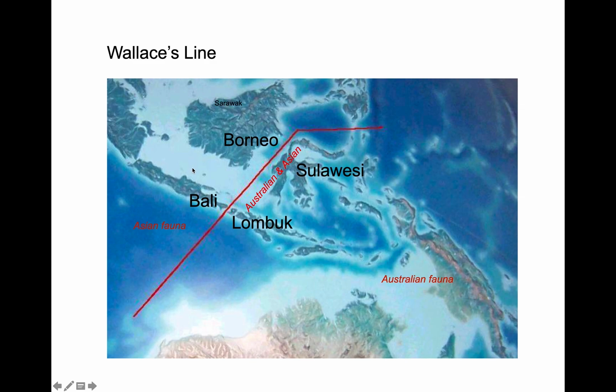Now, this is a result of this area being separated in time and having different groups evolving in different ways according to where their ancestral fauna were coming from. And then as these islands approached each other, they still show that distinct Asian fauna and Australian fauna.